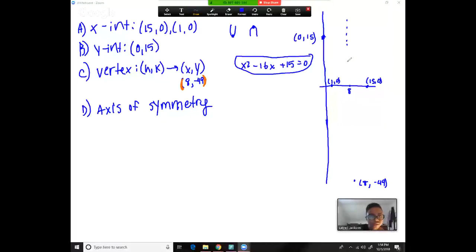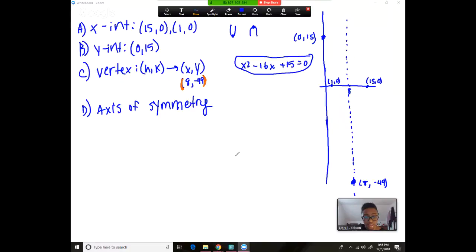So the line is a vertical line. And what do we know about vertical lines? Well, vertical lines are x equals something. So they're not in the standard linear y equals mx plus b form because they don't have a slope and they don't have a y-intercept.